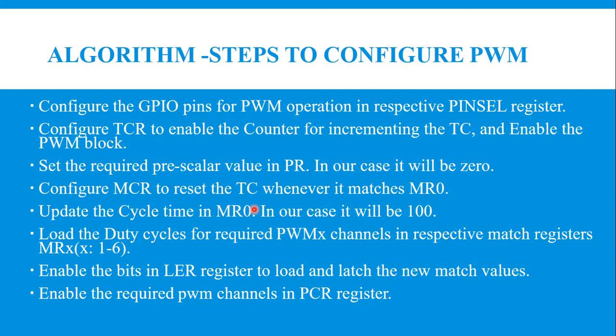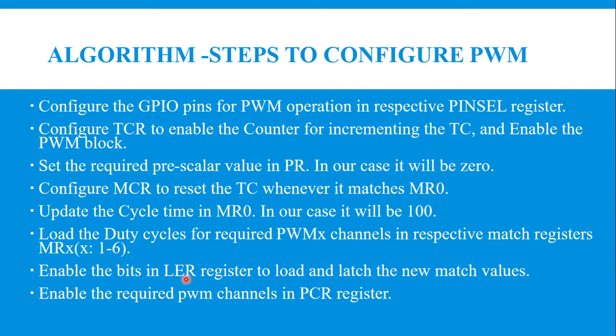Now load the duty cycle for the required PWM block channels in the respective match registers of the corresponding PWM. If it is PWM1, then MR1; PWM2, MR2; like that, the respective match register is responsible for loading the duty cycle. Enable the bits in the LER register. The LER register is the load enable register, which enables use of the new PWM values once the match occurs.